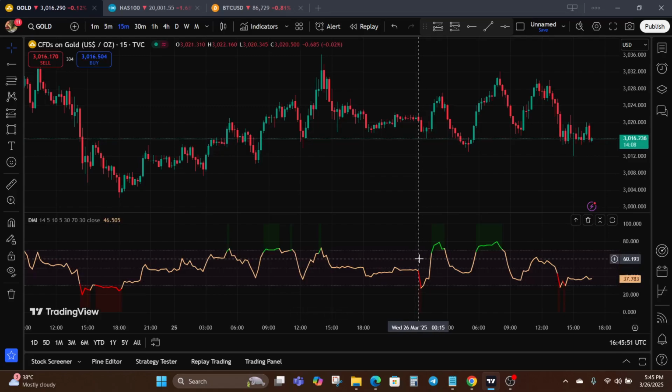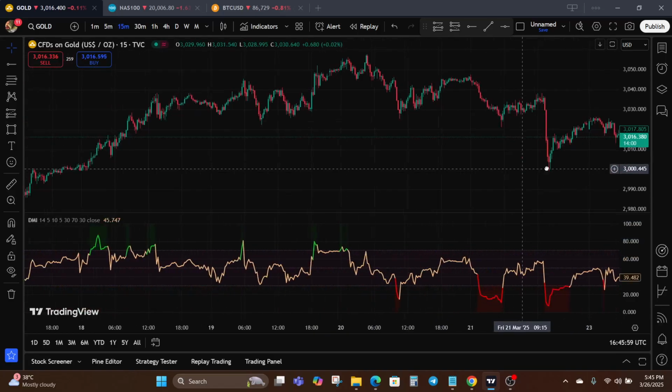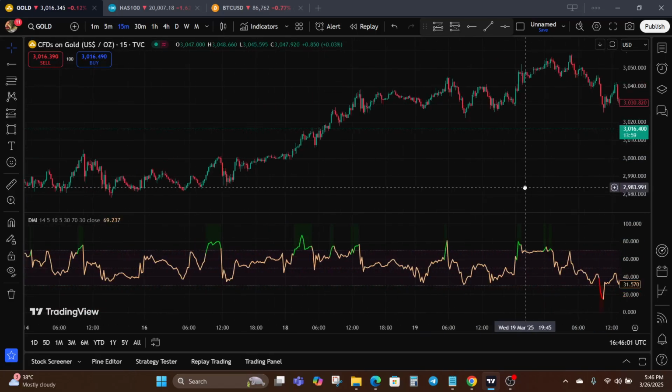Basically, when volatility is high, the DMI becomes more responsive, catching momentum shifts faster. Then when volatility is low, it smooths out signals to prevent unnecessary noise. So this dynamic nature makes it particularly useful for avoiding false breakouts and confirming strong trends.